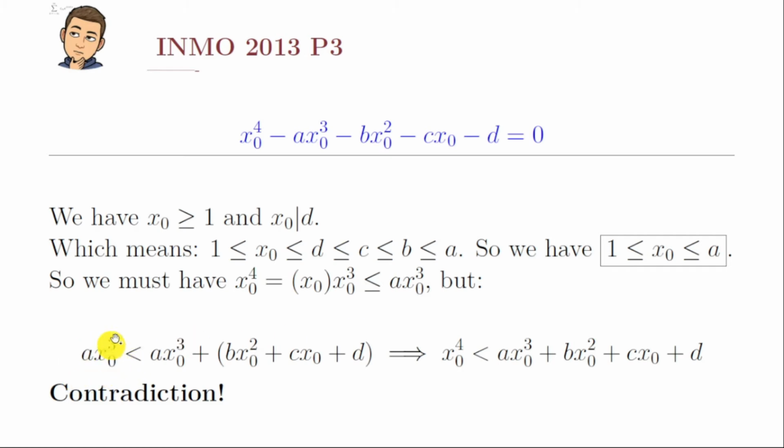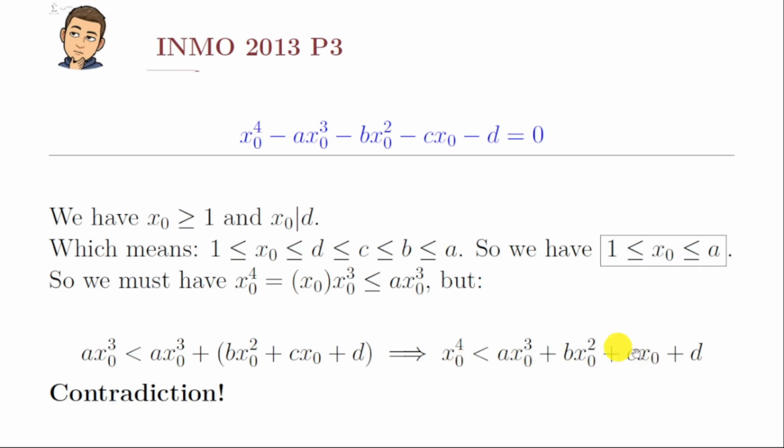But ax0 cubed is less than itself plus these positive terms, right? And so x0 to the power of 4 is less than or equal to ax0 cubed, but ax0 cubed is less than all of this. So we found that x0 to the power of 4 is less than all of this.